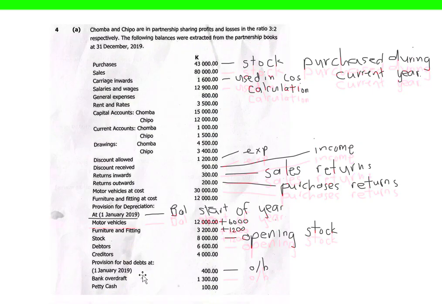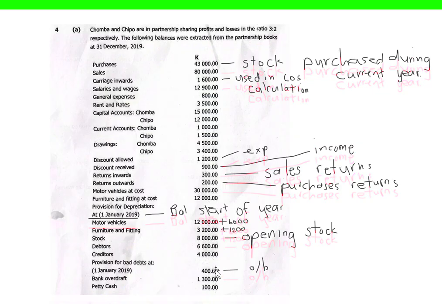What that means is we always know that there are going to be debtors who don't pay us, bad debts, and we need to do an adjustment to truly reflect what the asset value is for debtors, and we do that by making a provision for bad debts.